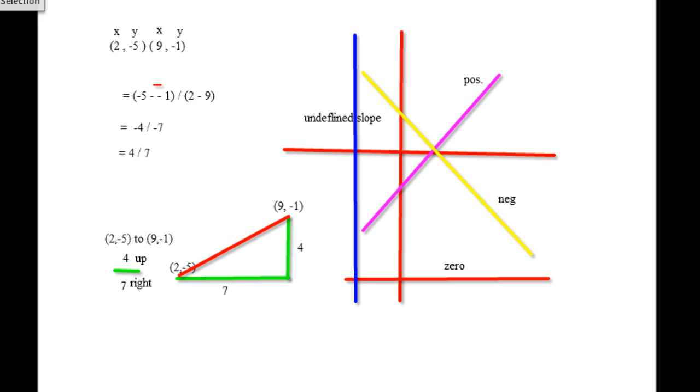Undefined. There we go. Those are the 4 types of slope that you are going to get, and they all have their own unique things, especially in their equations. So this is going to be like y equals some positive number times x plus some other number, and so on.